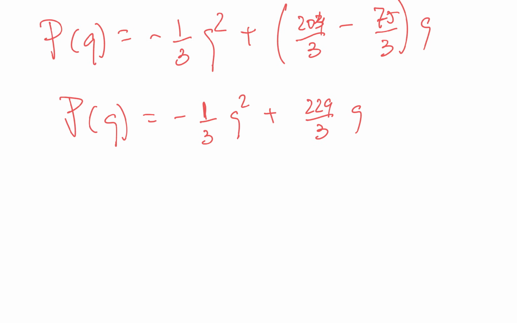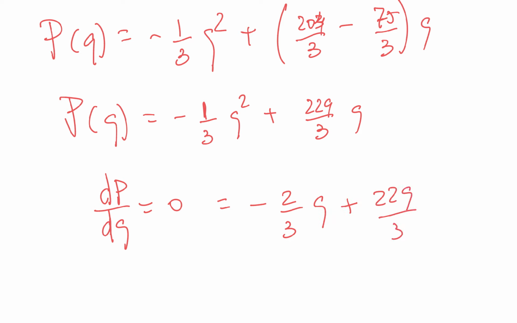Okay, and now I want to maximize the profit, so I need to find the derivative of P with respect to Q, put it equal to 0, and find what Q is. The derivative of P with respect to Q is minus 2/3 times Q plus 129 divided by 3.